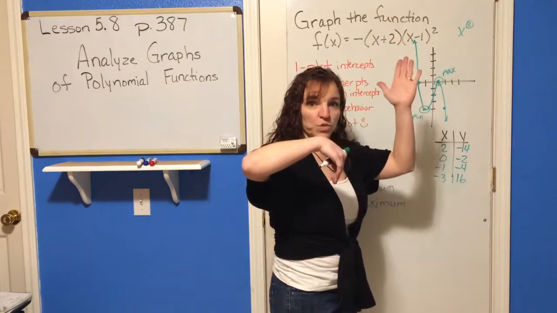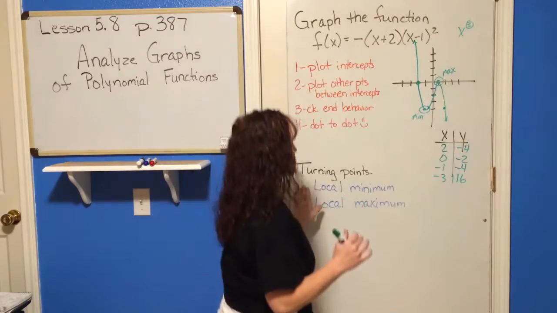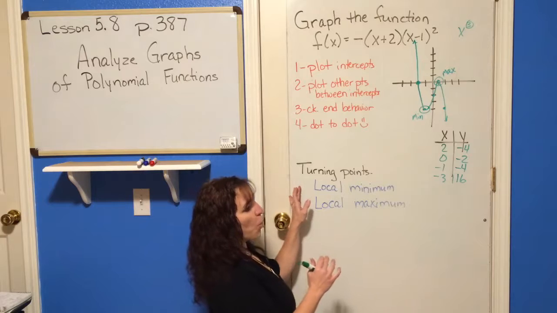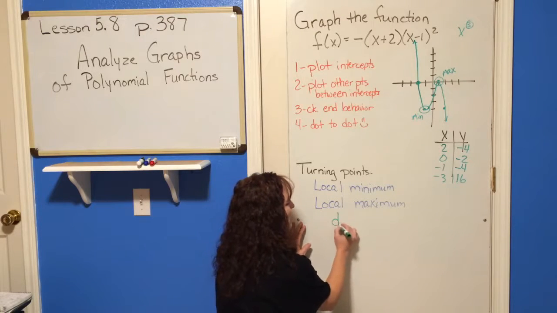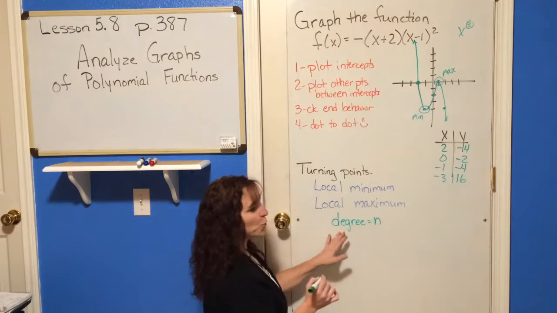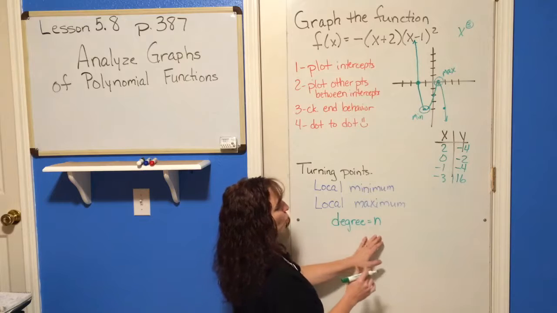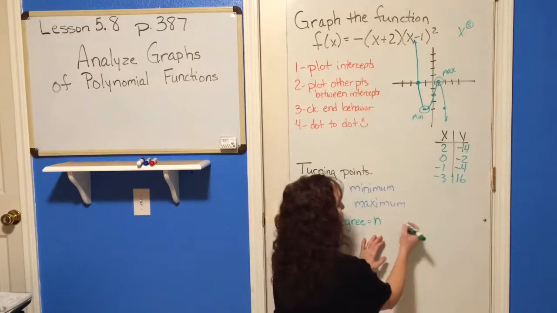And if it's odd, you're going to start one up and one down, or one down and one up. So for your turning points, whatever your degree is, you're going to have at the very most one less turning point.